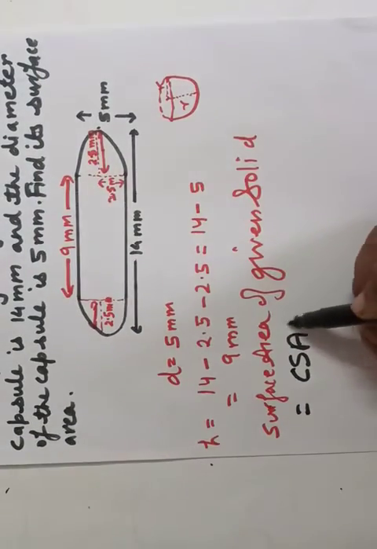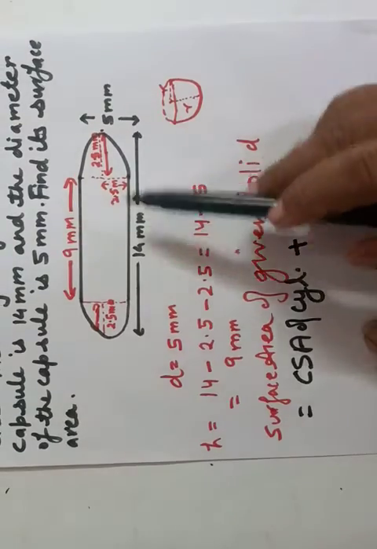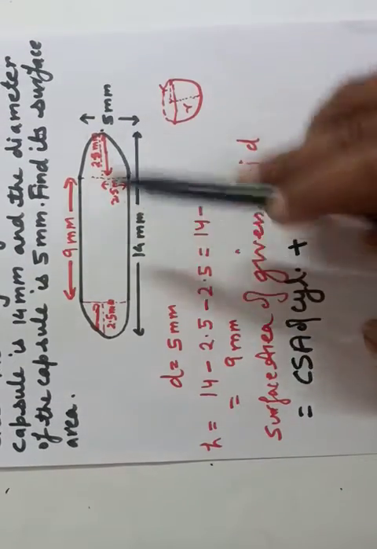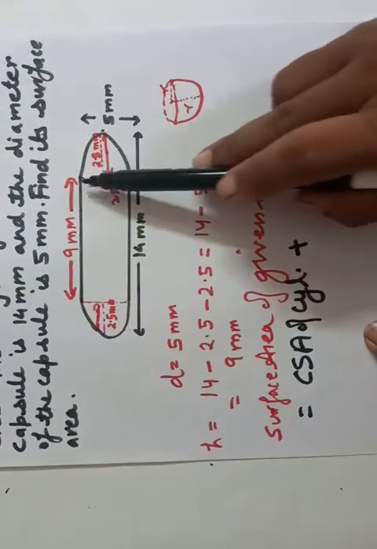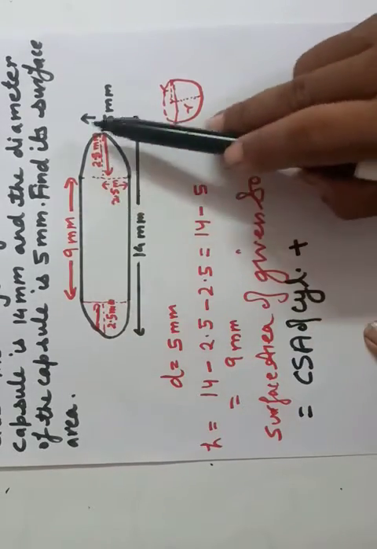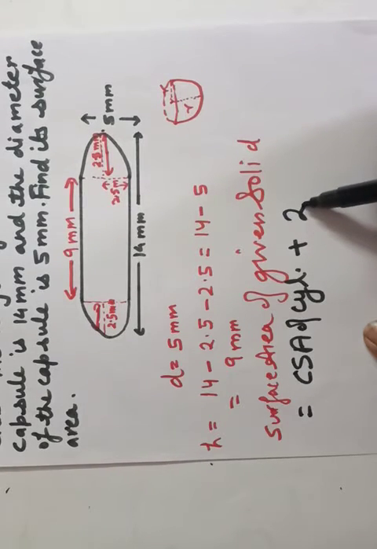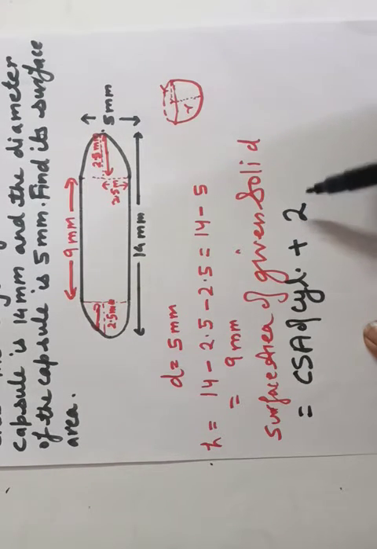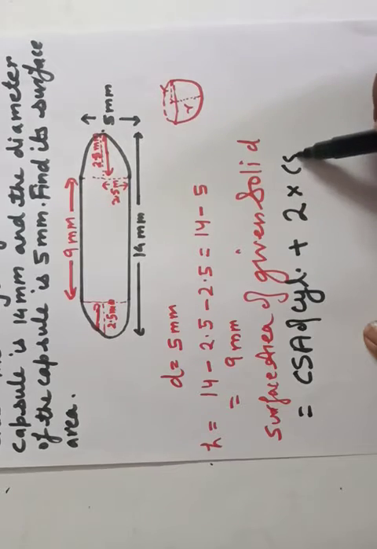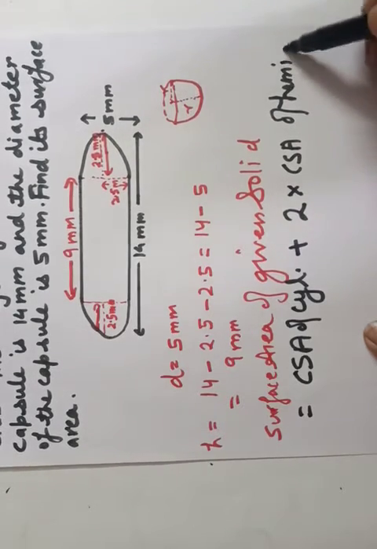So curved surface area of the cylinder, plus two hemispheres, and the circular bases are not included, only the curved surface area of the hemisphere. So plus twice the curved surface area of the hemisphere.